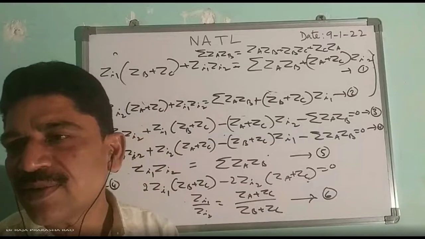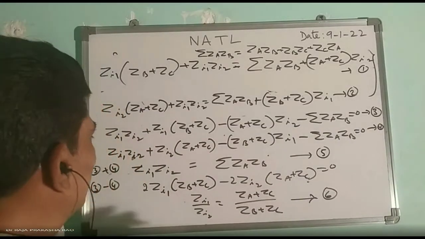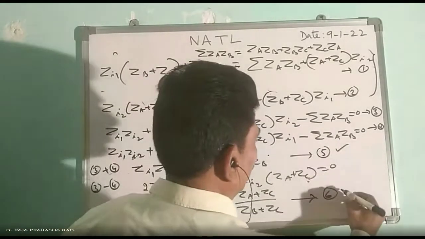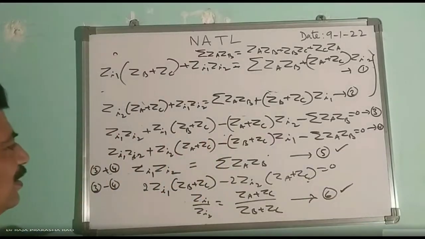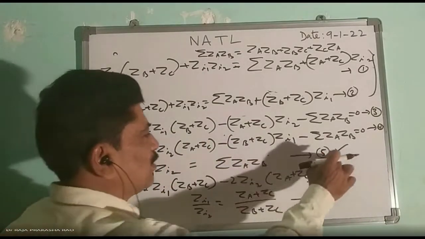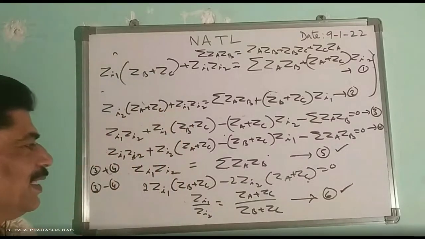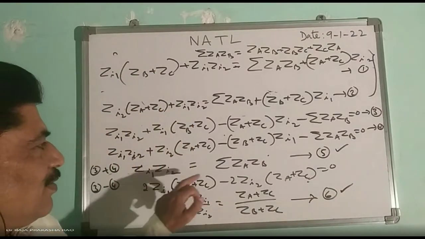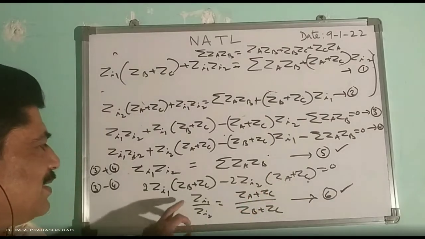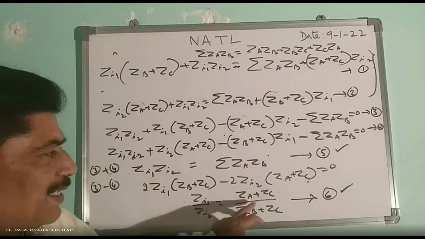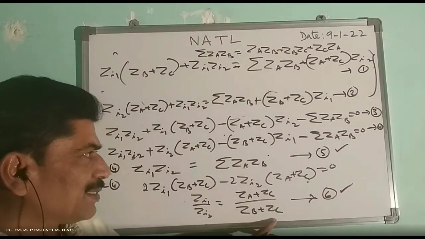Followed, students? Let us consider equations 5 and 6 now. How do we find Zi1 and Zi2 from these two equations? Can anybody tell me? Zi1 Zi2 is equal to sigma Za Zb, and Zi1 by Zi2 is equal to Za plus Zc by Zb plus Zc.